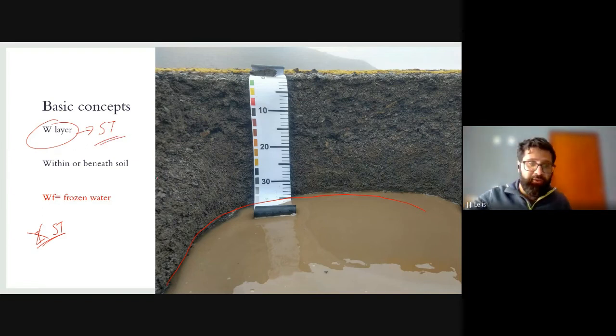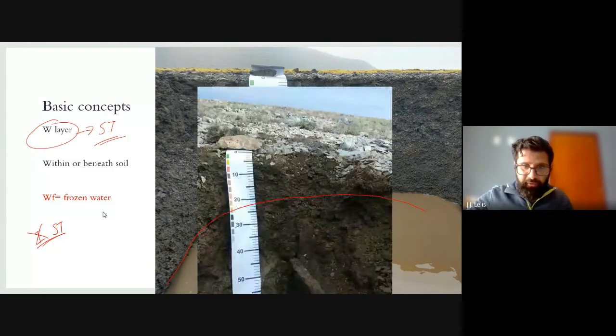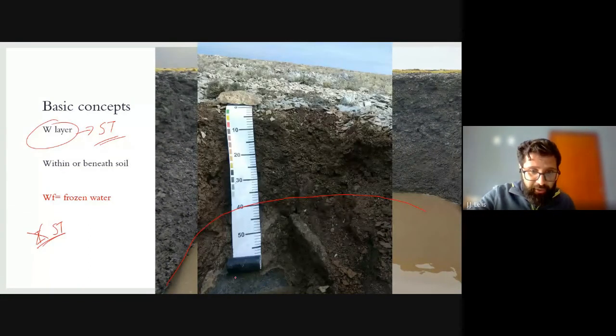But when you have frozen water, solid water, like in this picture, we just need to call it a WF layer, a layer of frozen water, solid water or ice, according to the soil taxonomy.